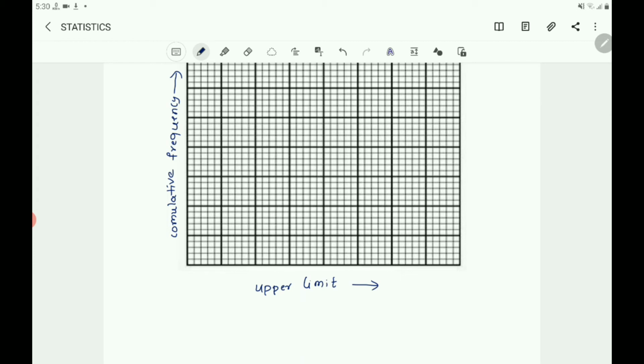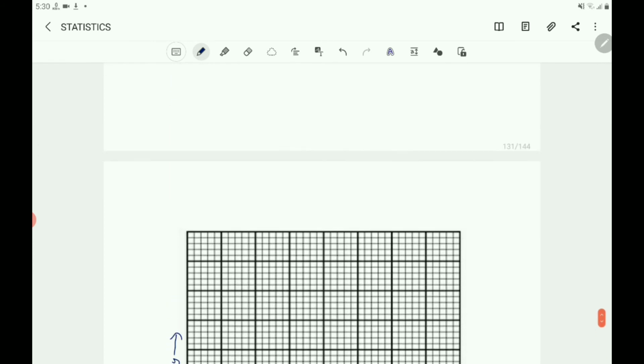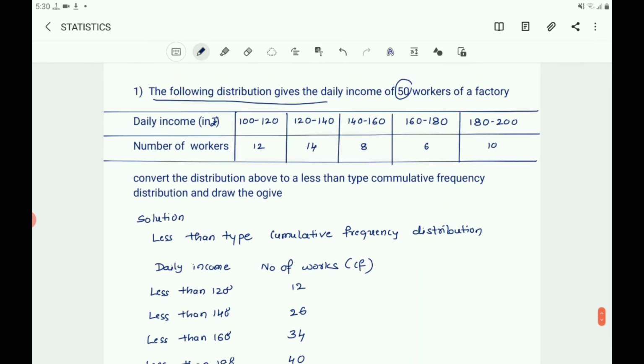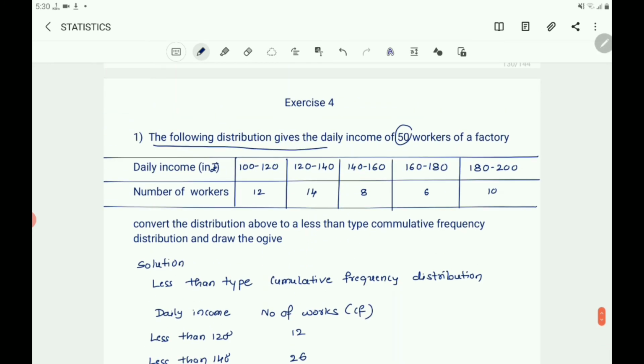Now this is the origin. Here the class interval starts from 0.